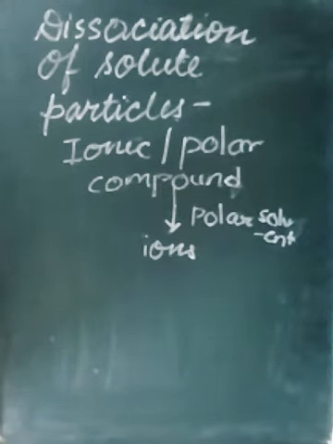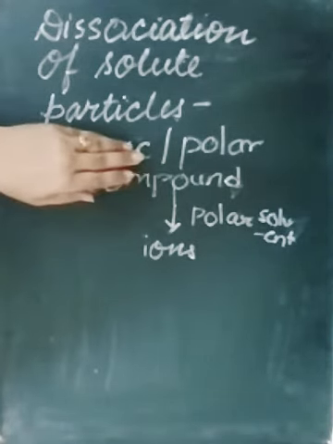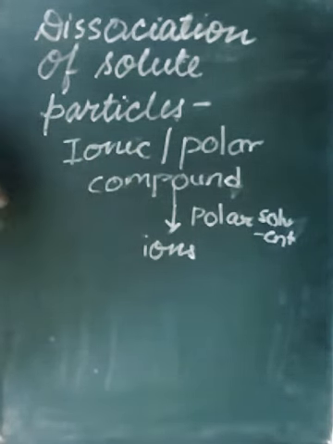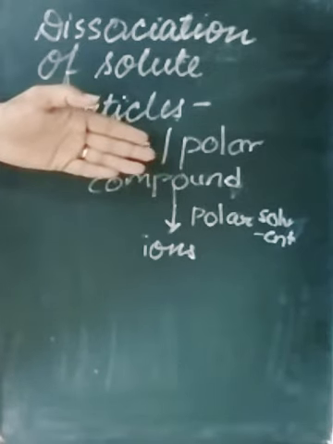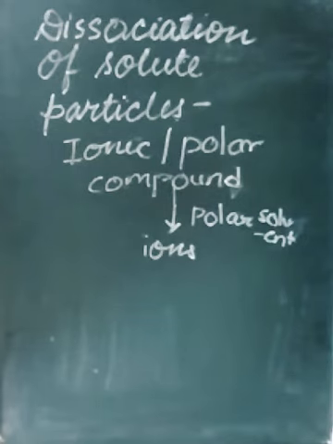So colligative properties will also increase and molar mass will decrease. As you know, colligative property depends upon the number of particles. If the number of particles decreases, colligative property will also decrease. And colligative properties are inversely proportional to molar mass, so molar mass will increase in that case.